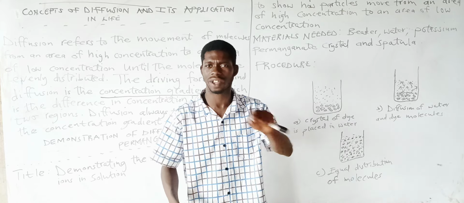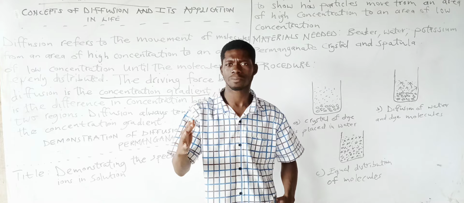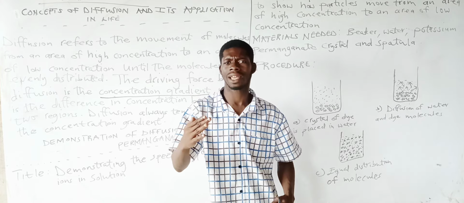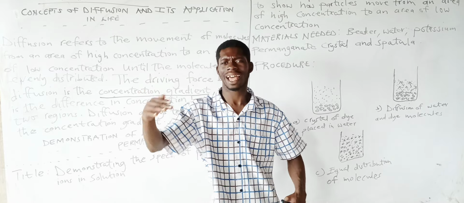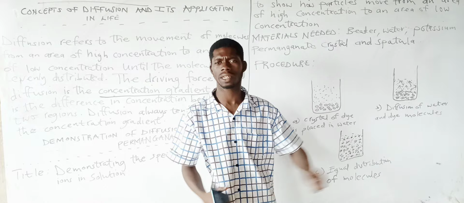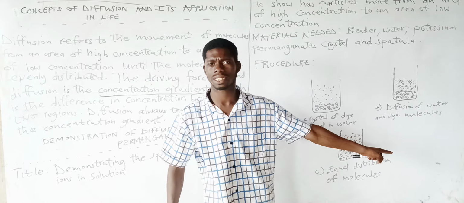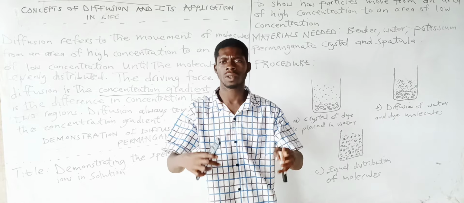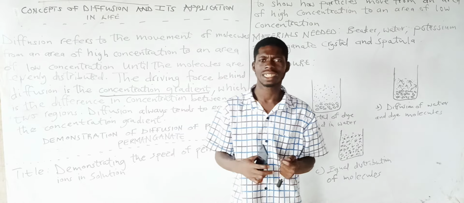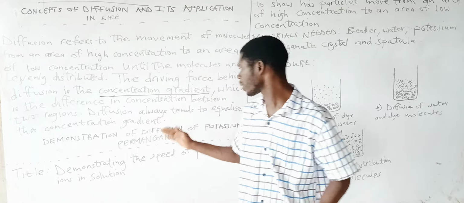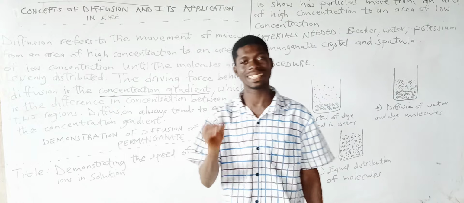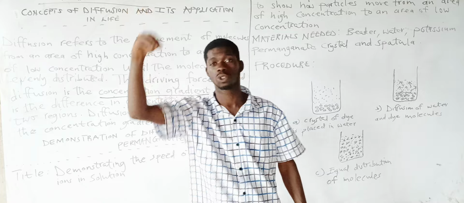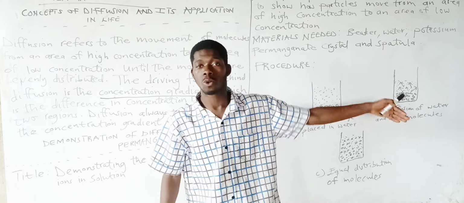One place is having a high smell, the other one is having a low smell. Yes, so that's the difference. So when I talk about the concentration gradient, it's the difference between the higher concentration and the lower concentration.